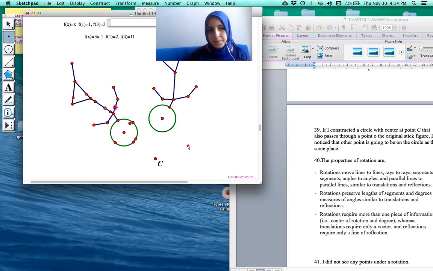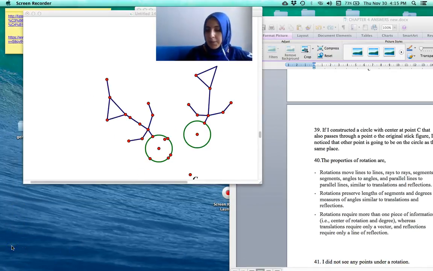Question 39 says that if you construct a circle with center at point C that also passes through a point on the original stick figure, what other points will the circle pass through? Use your DGE to test your hypothesis.